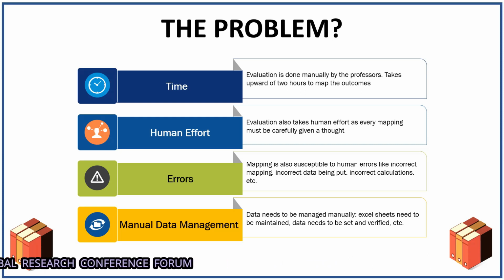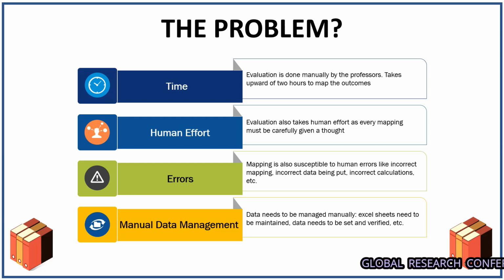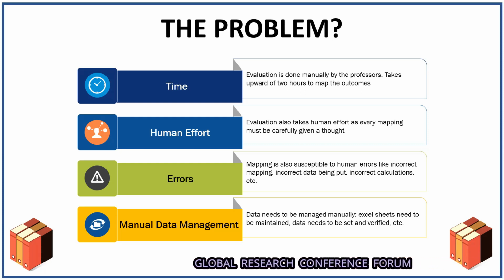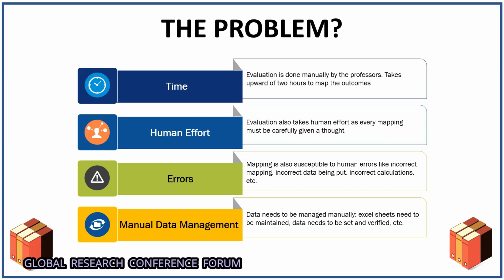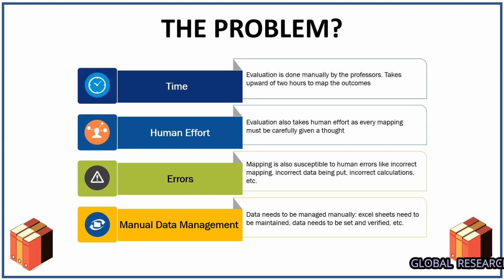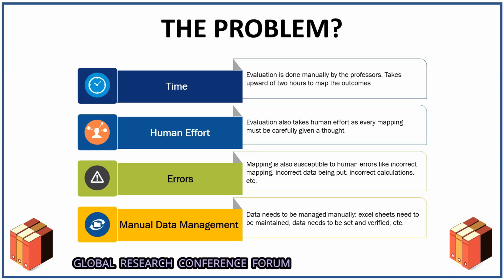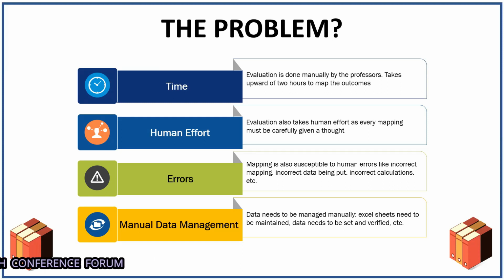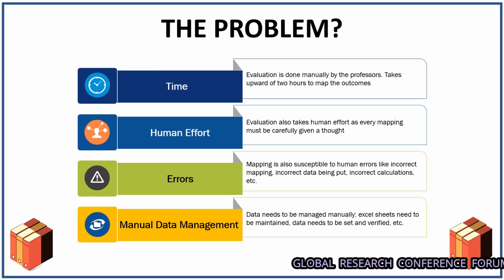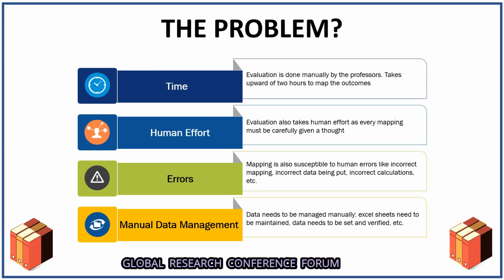One of the huge reasons that we did this is inconsistency in mappings. Let's say I am a professor and somebody else is also a professor, and I may have a different state of mind, and the other professor may have a different state of mind, and the mappings will be different. Or even for me, if I am the one doing mappings, today I am in a certain mental space and tomorrow I am in some other mental space.